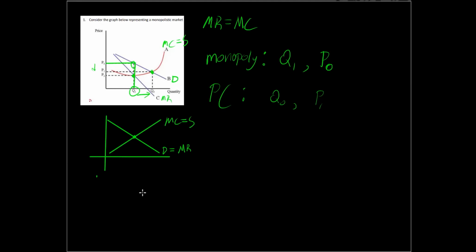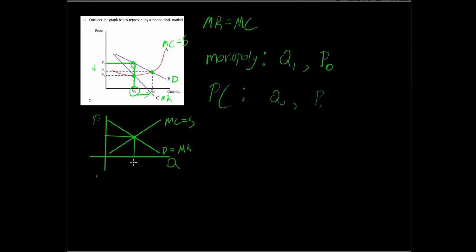Just like we were finding equilibrium very early in the course, those were perfectly competitive markets. So for the perfect competitor, the market outcome is just going to be where supply is equal to demand. And that's how we get P1 and Q0.